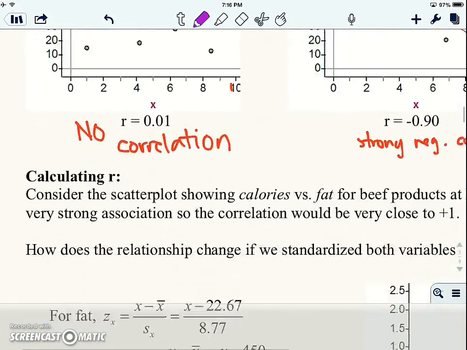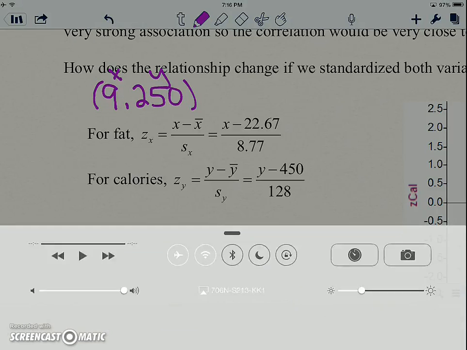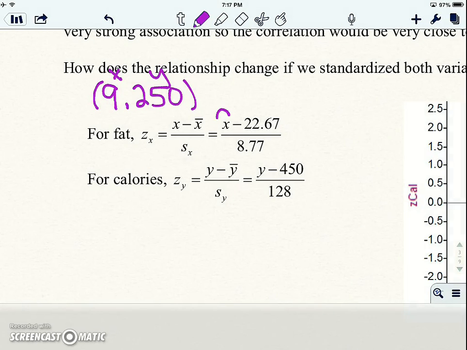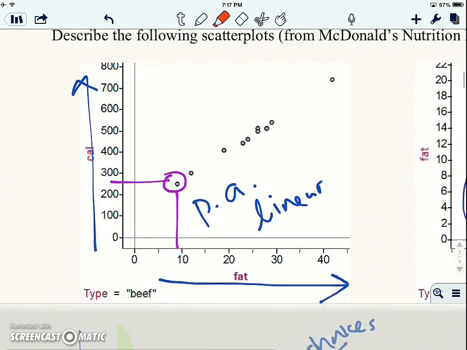Okay, so we have the point 9, 250. All right, this is the x and this is the y. Well, if we're going to standardize it, we'd put the 9 right here. This is the average x's out of that whole graph, and this is the standard deviation of that whole graph. Again, it's the beef graph, okay?